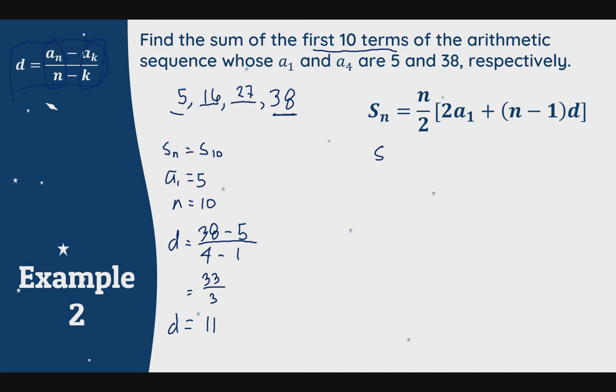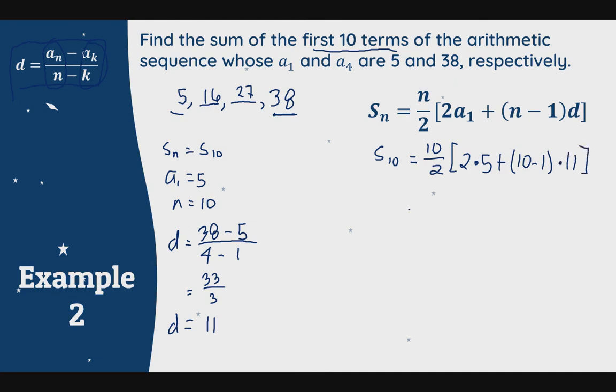So, S sub 10 is equal to n, which is 10 over 2 times quantity 2 times first term a, which is 5, plus ang n natin ay 10 minus 1 times common difference which is 11.